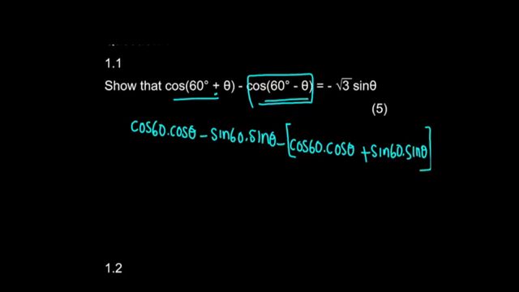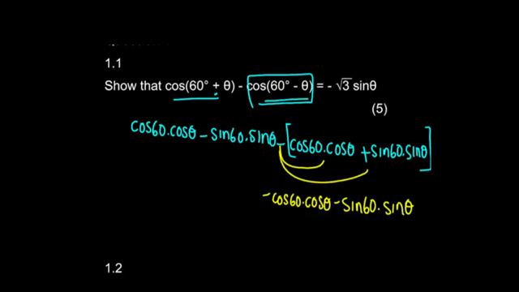Okay, I'm just going to expand through with a different color. We times the minus through, so we get minus cos 60 times cos theta. Minus times a plus is going to give me minus sine 60 times sine theta.